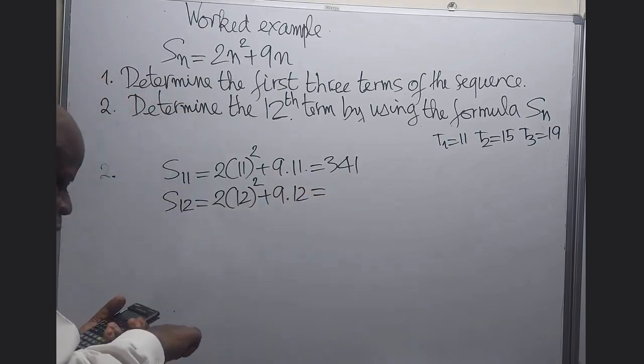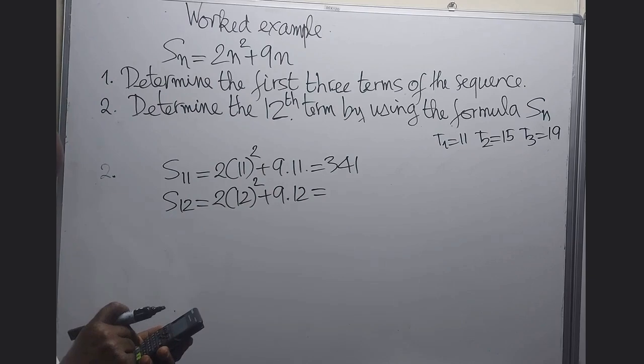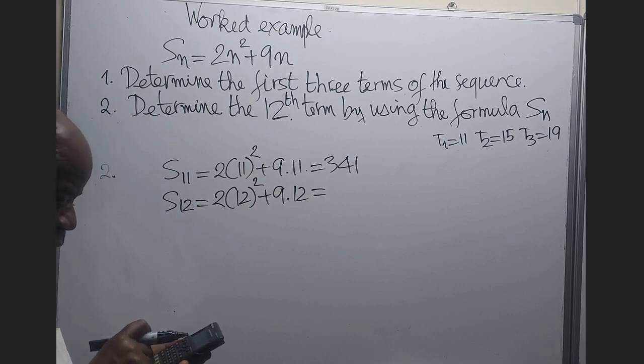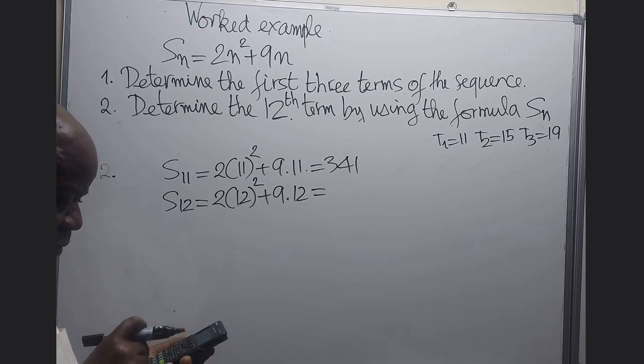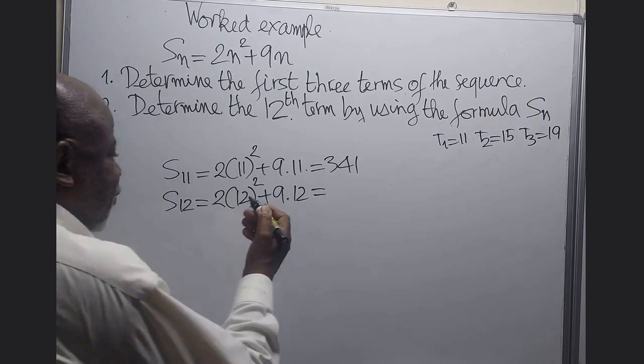We're also going to use a calculator. 2 times 12 squared plus 9 times 12. And then we get 396.